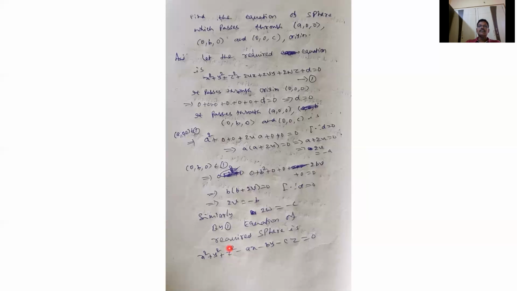So finally, equation of the sphere which passes through origin and the points a, 0, 0, 0, b, 0, 0, 0, c is x square plus y square plus z square minus ax minus by minus cz equal to 0.